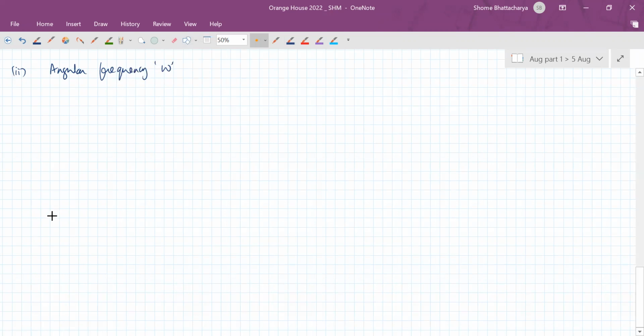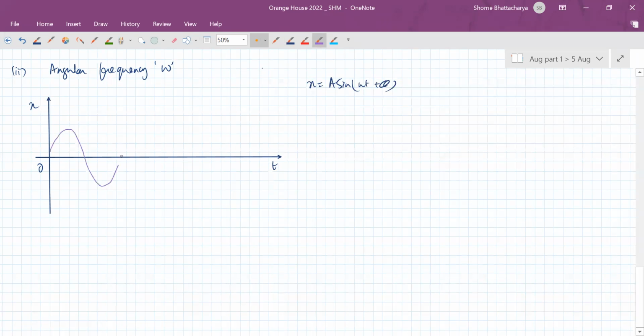To understand the relationship of the angular frequency omega with the frequency of oscillations, that is the number of cycles per second, or with the time period, the time taken for one full cycle, you have to understand the nature of this graph. You can see here that it varies between plus A and minus A.